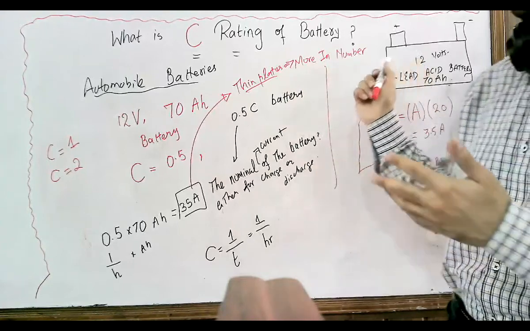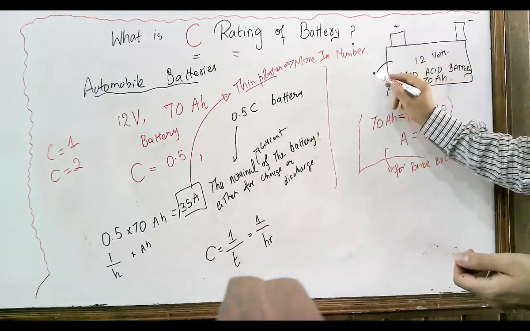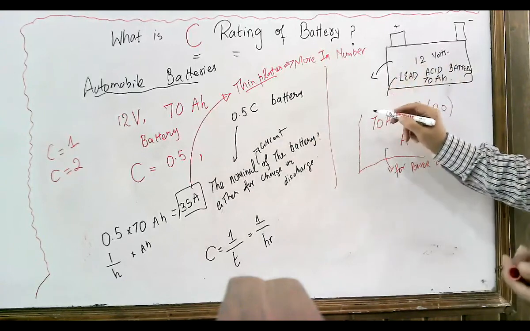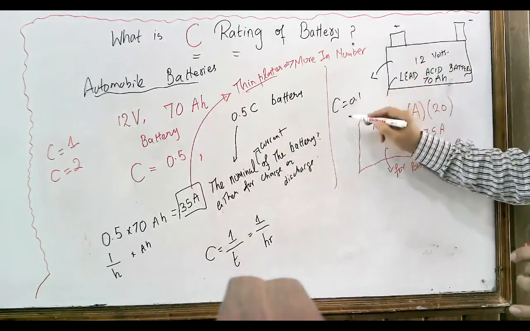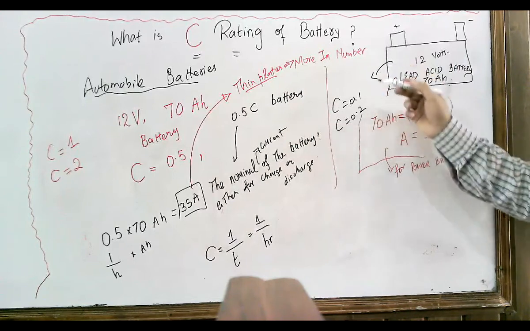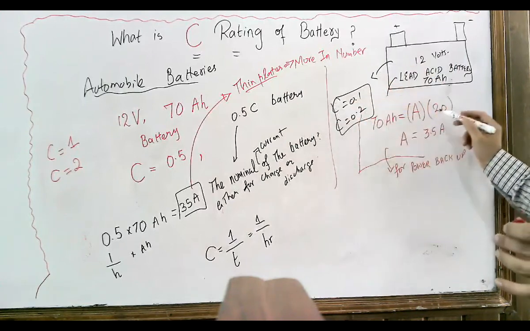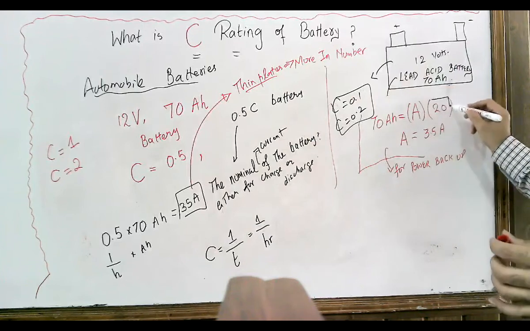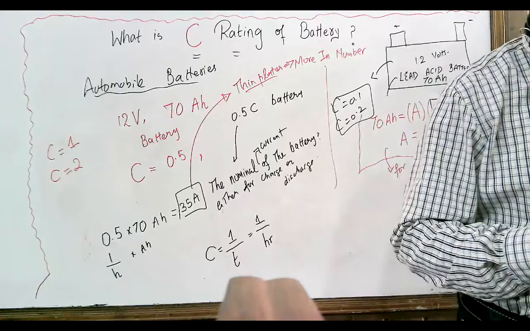The batteries we have been discussing before, their C ratings are even less than 0.5. Okay, understood? C can be either 0.1 or something like 0.2, and we don't actually look for the C rating. Instead of that, we just put in this time, the 20 hours time. This is a thumb rule.